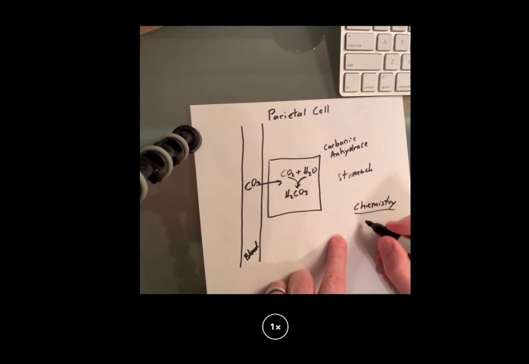In chemistry, when we're dealing with acids and bases, there's something called dissociate. So when you have an acid, H2CO3 is an acid, when you put it into water, it does something called dissociate.